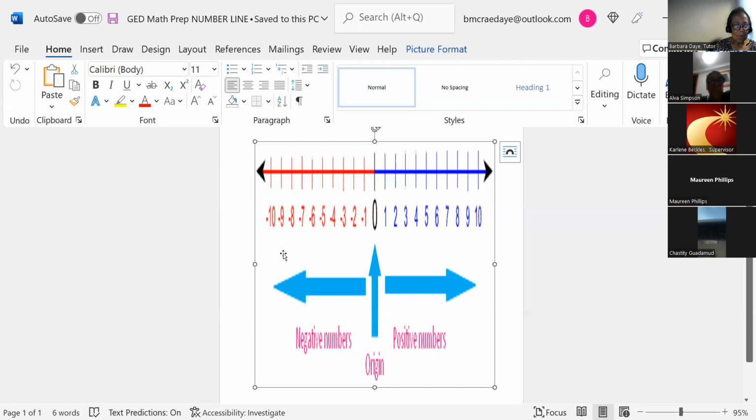The numbers get bigger on the right. From the red to the blue is increasing. From the blue to the red is decreasing. They're increasing as I go towards the blue and decreasing as I go towards the red.